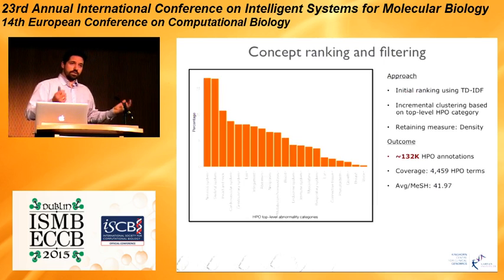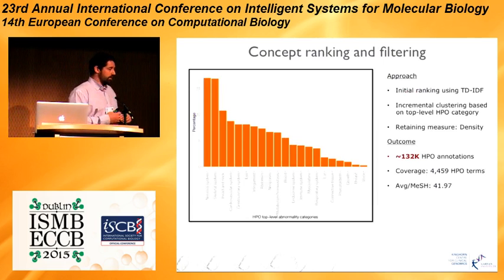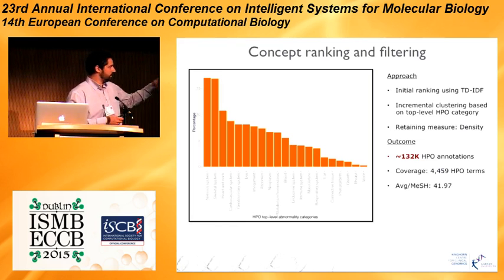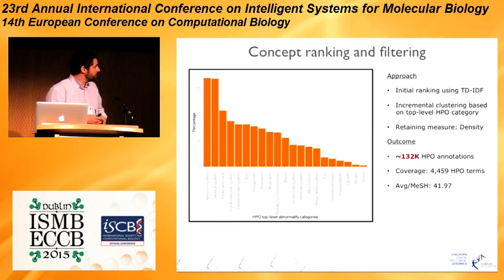Obviously the concept recognizer is far from perfect, and we don't really infer proper relations from text, but simple co-occurrence between the MeSH and the HPO terms. So we had to do a bit of ranking and filtering to trim out the noise. There's an algorithm there, but to briefly summarize it, we did an initial ranking using TF-IDF, term frequency inverse document frequency.